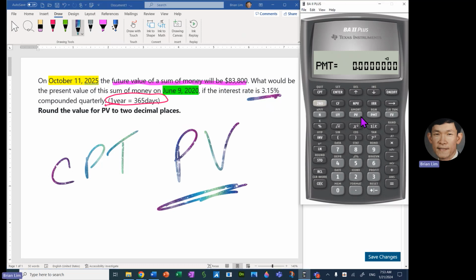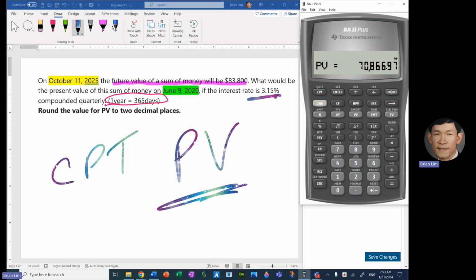So I click on CPT, then I click on present value, and that is the answer: $70,866.97. Now I can make that two decimal places by going into second, decimal point, click on 2, enter, and I exit. Then I recall the value for the present value.